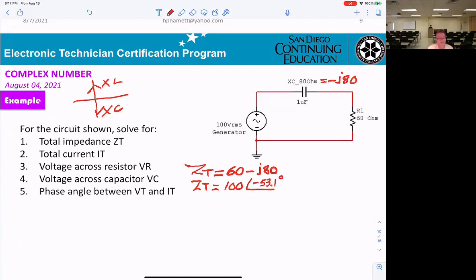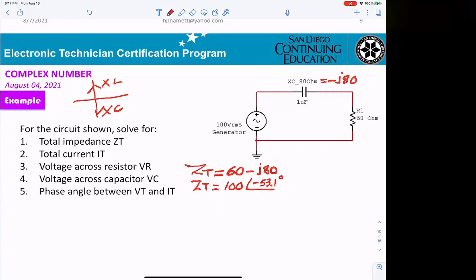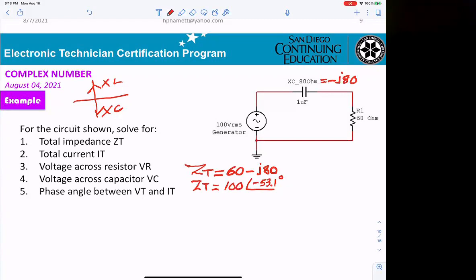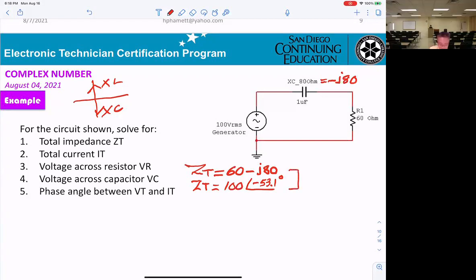You take negative 80 divided by 60, then do arctan and you get 53.1. So the answer is, the magnitude is 100 and the angle is negative 53.1. Exactly. So ZT, you know, will be 100 ohms.